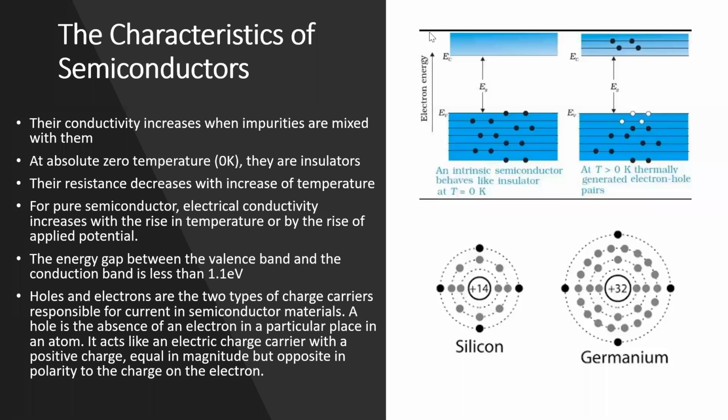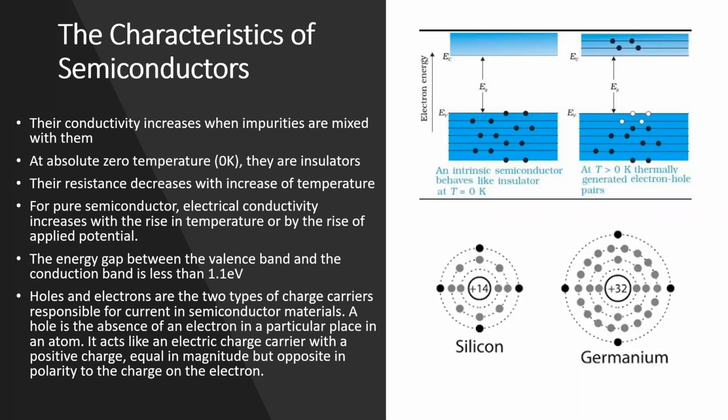The electrons here will jump to a higher energy level because when we increase the temperature, the kinetic energy of the electron increases. So they will receive some more energy. Suppose this is a germanium atom. Germanium has a band gap of 0.7 electron volt.